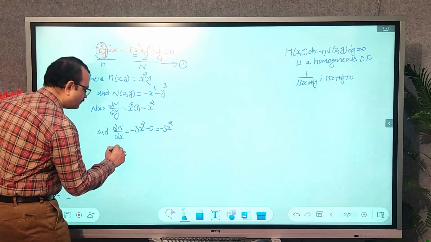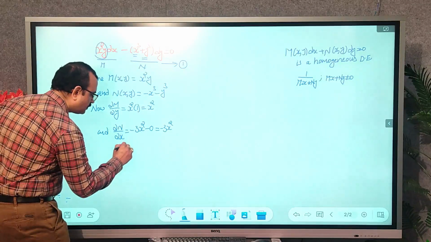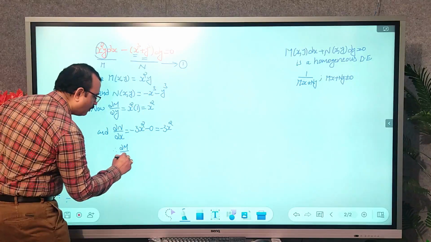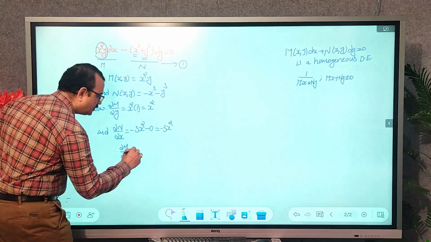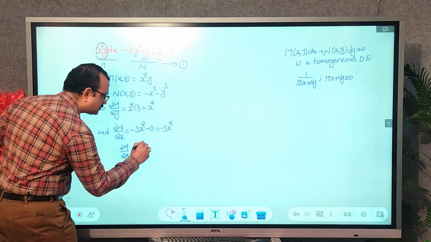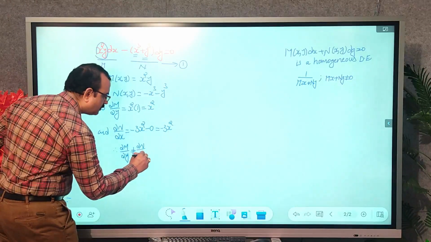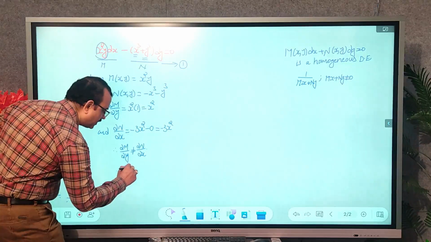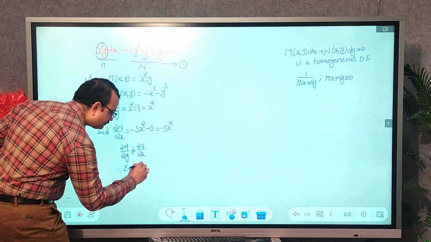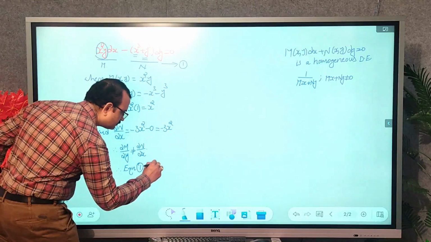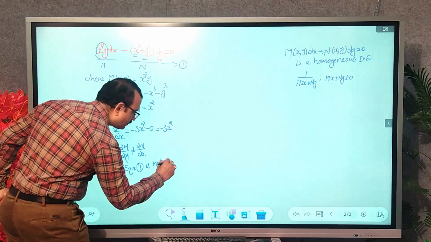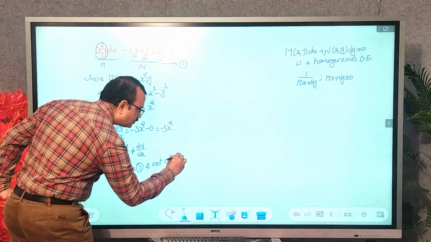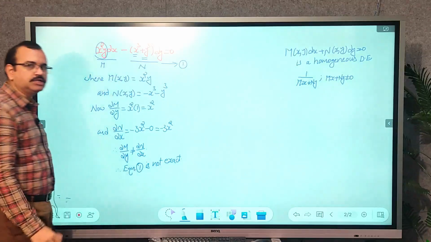Okay, so if you observe, dou M by dou y is not equal to dou N by dou x. Therefore equation 1 is not exact, or equation 1 is not an exact differential equation, we can also write it like that.